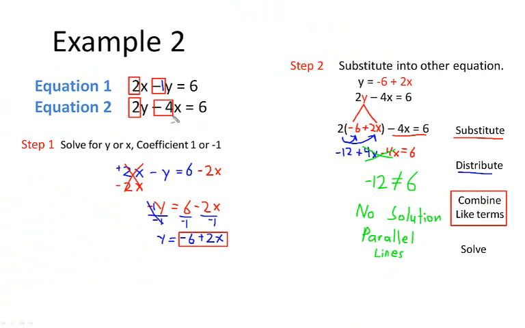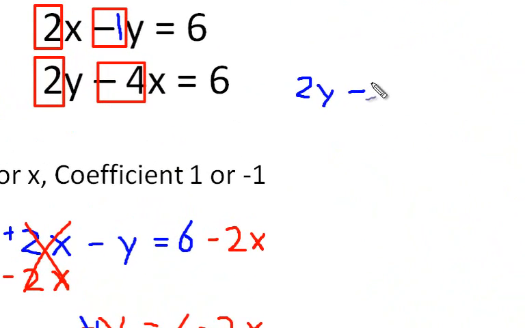Okay, I'm going to go ahead and actually solve this second equation so you can see that our lines are in fact parallel. So I'm going to solve the second equation for y. So I have 2y minus 4x equals 6. Okay, so if I want to solve for y, I want to move this 4x to the other side, and if it's minus 4x, I'm going to add 4x to both sides.